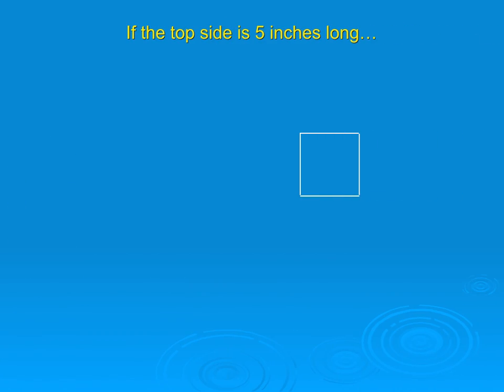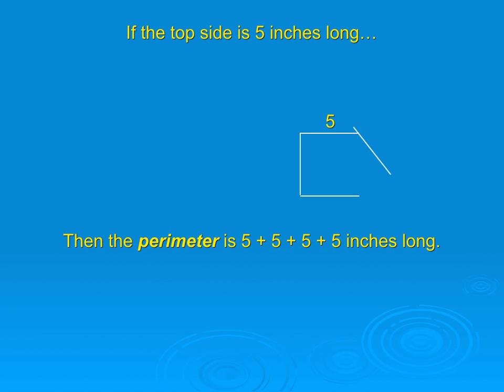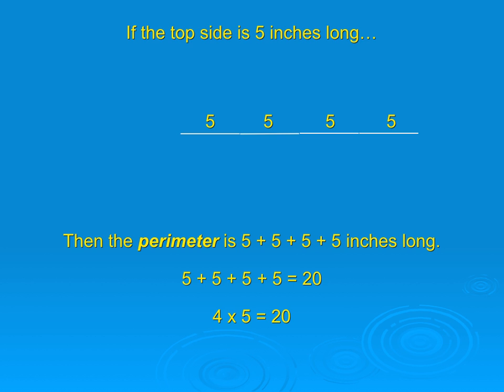Then the perimeter is 5 plus 5 plus 5 plus 5 inches long. That's 20. Well, there's 4 5s, so you could just do that faster and say 4 times 5 is 20. So the perimeter is 20 inches.